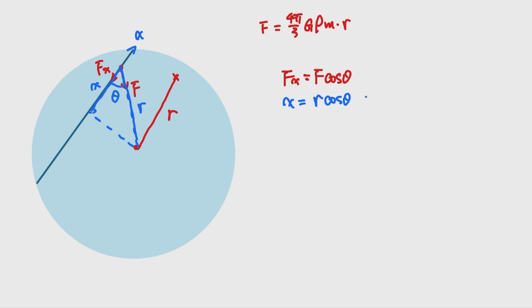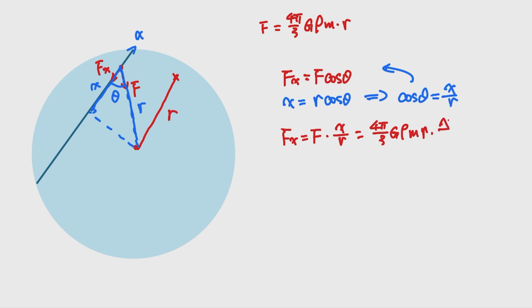By rearranging the second equation, that's going to give us cos theta equals x over r. By putting it back into the first equation, that's going to give Fx equals F times x over r, which is 4 pi over 3 g rho m r times x over r. Two r's can be cancelled, which will leave us Fx equals 4 pi over 3 g rho m x.